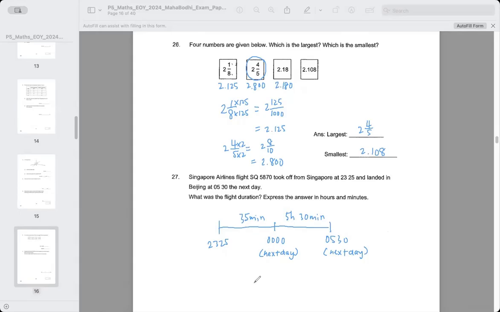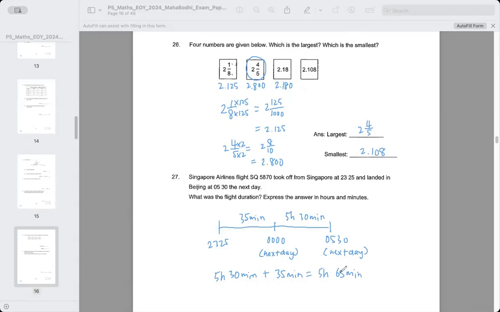So I just need to find the total duration. I will take 5 hours and 30 minutes plus my 35 minutes. I will get 5 hours and 65 minutes.